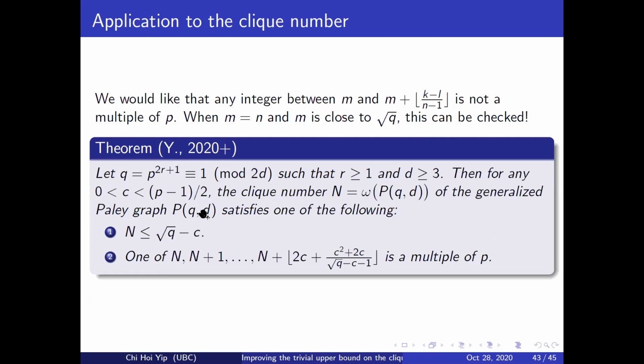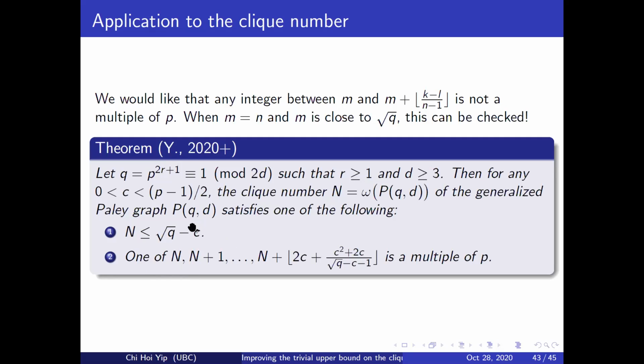And to be more precise, I have this kind of theorem. If we consider the clique number n of the generalized Paley graph P(q, d), then it must satisfy one of the following conditions. The first one is that n is at most root q minus c.